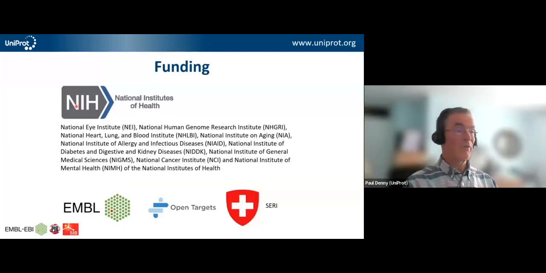Our funding, the majority, comes from the NIH, National Institutes of Health, but we also get support from EMBL itself, from Open Targets, and from SERI, a Swiss government organization which funds SIB, our partners in Geneva.